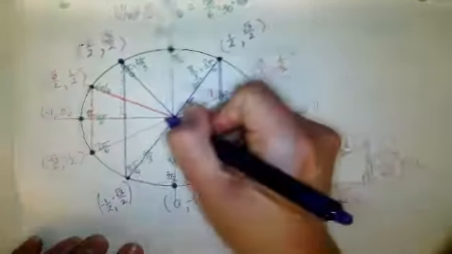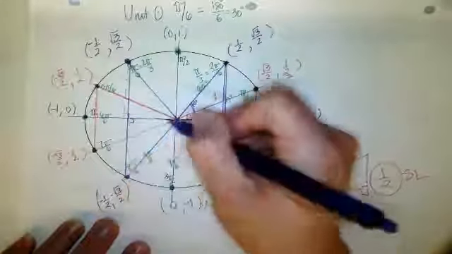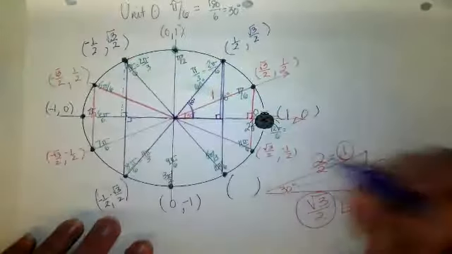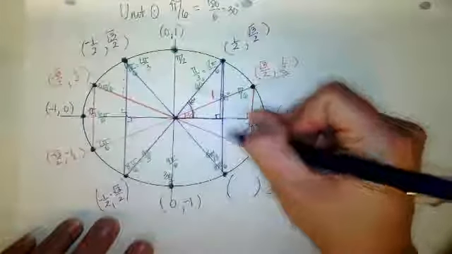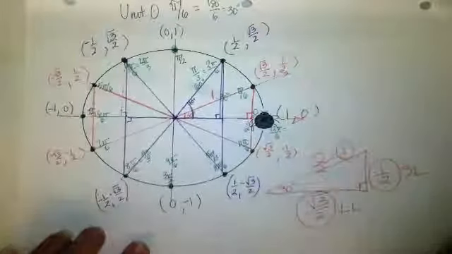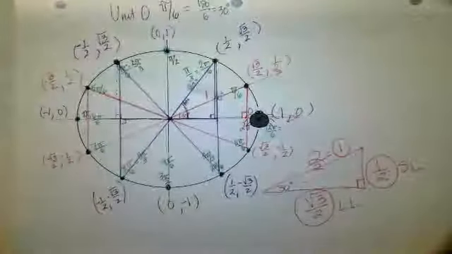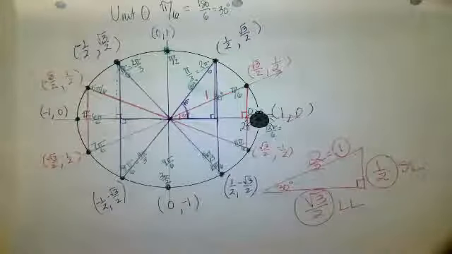Again, short leg and then the long leg down. So the 1/2 and the negative root 3 over 2. Over here, short leg, long leg. So 1/2 and negative root 3 over 2. So bow ties and butterflies is how I think about these things.